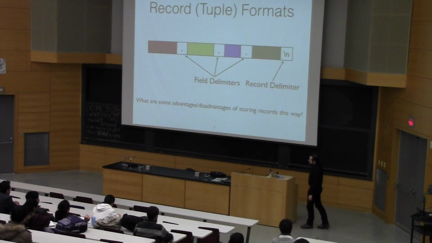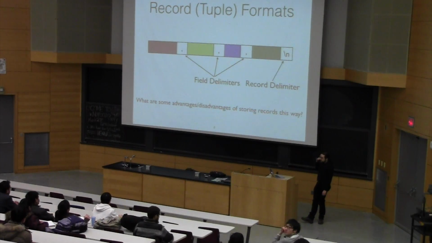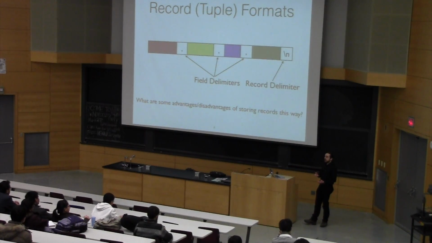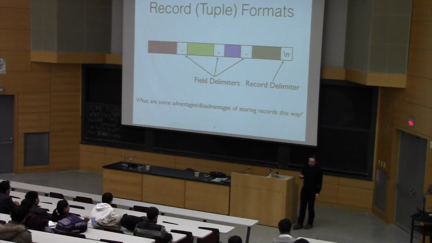And those weird corner cases are usually fairly easy to handle. So this is very nice from the perspective of someone trying to write simple code. And it's also very nice because typically if you're using these kinds of record formats, the data is stored as a string, which means it's human readable.